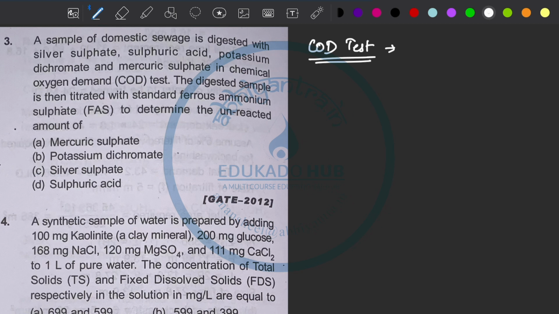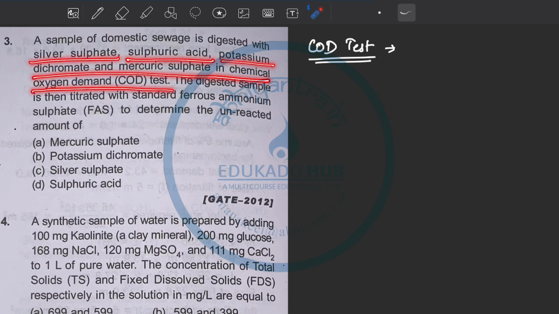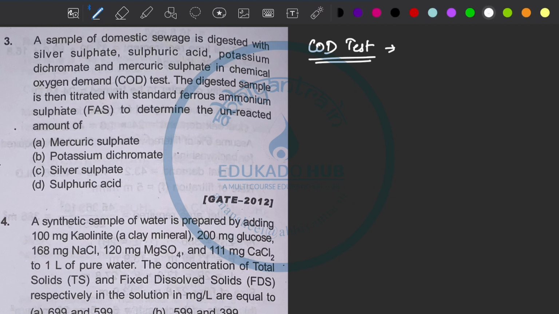And for this COD test, we use silver sulfate, sulfuric acid, potassium dichromate and mercuric sulfate. In this test, your dichromate ion converts it to trivalent chromium.